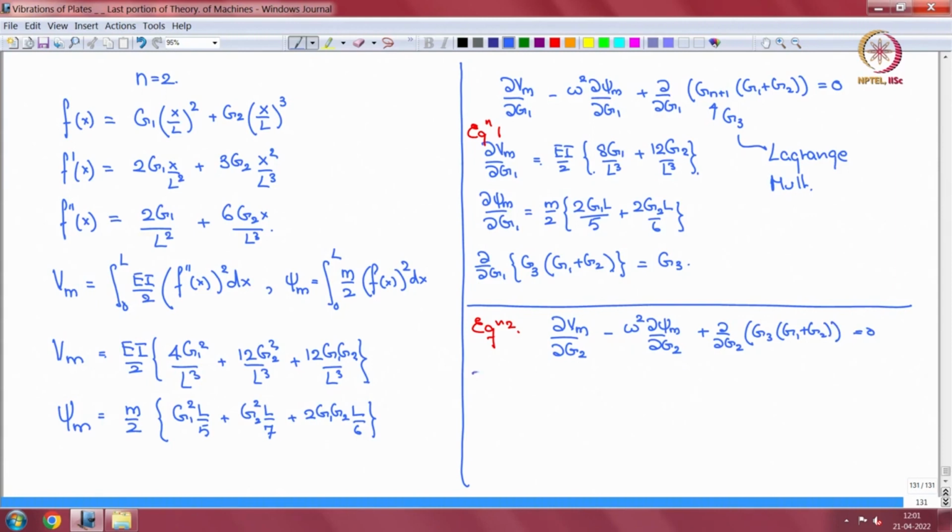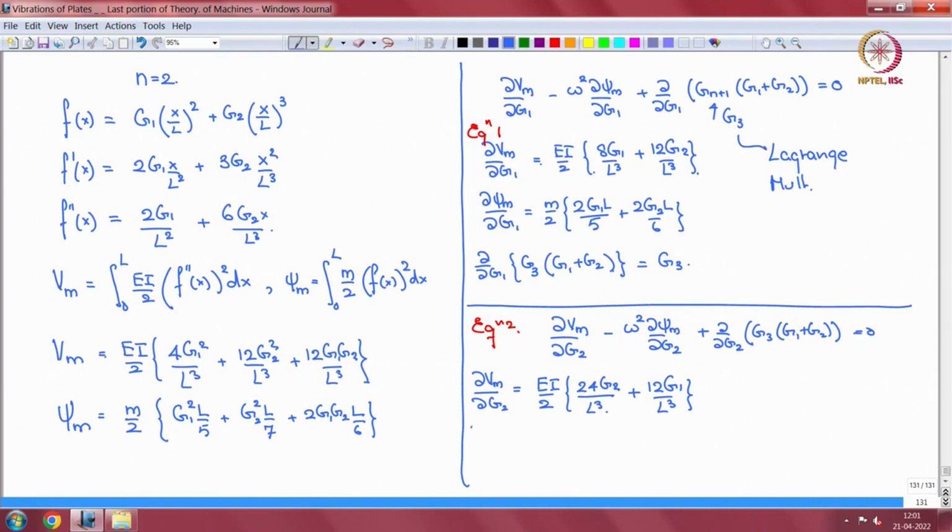Okay, so now del Vm by del G2 is equal to EI by 2 [24 G2 by L cube plus 12 G1 by L cube].